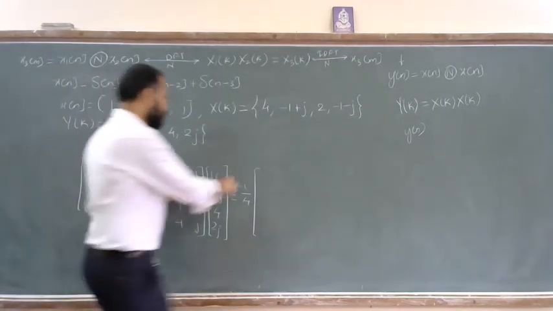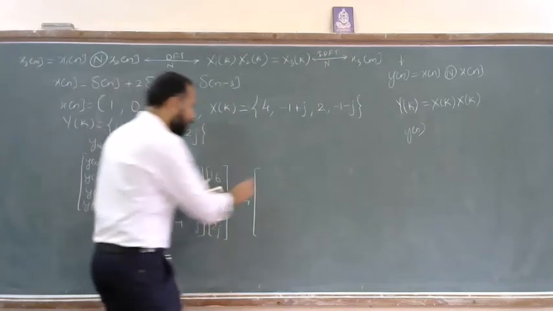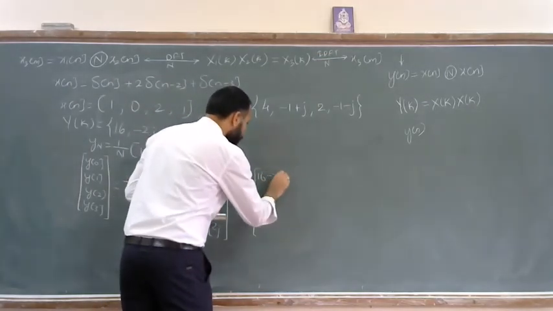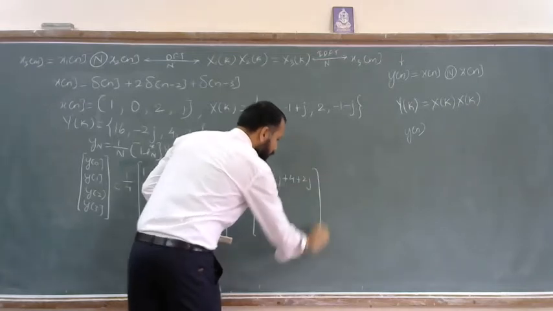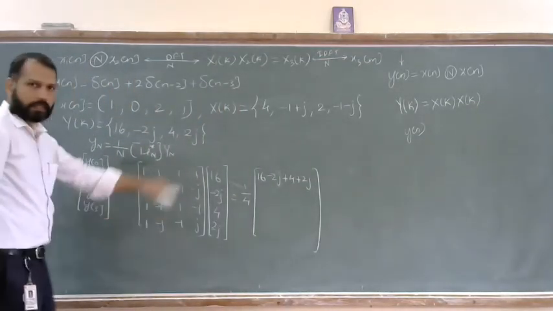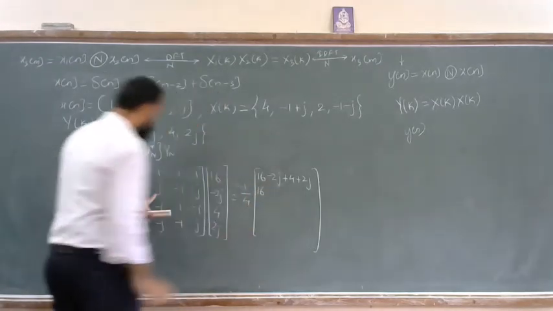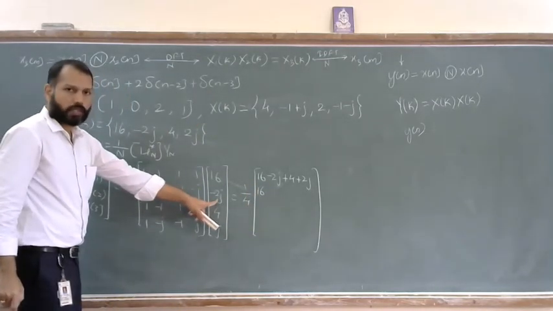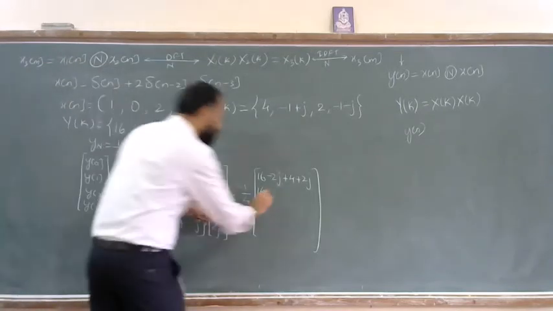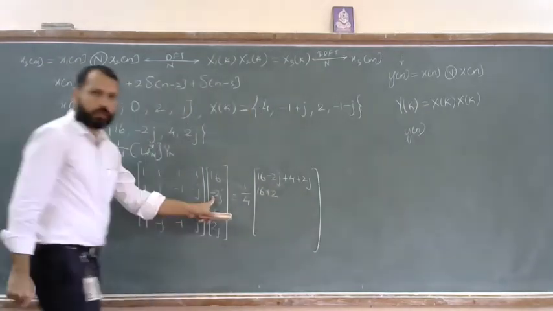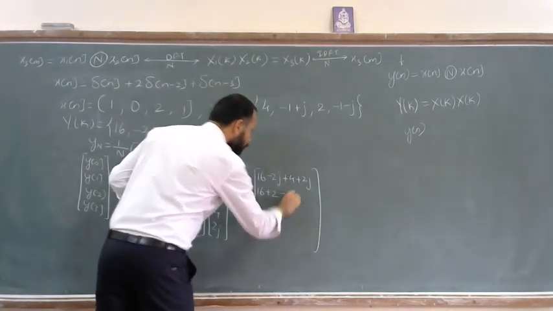Let us keep 1 by 4 as it is. When you multiply the first row with this product DFT, you get 16 minus 2j plus 4 plus 2j. Likewise, let us write for each one. Next, 16, then j into minus 2j: j into j is minus 1, and minus 1 multiplied by minus 2 is plus 2. Next, minus 1 into 4 is minus 4.